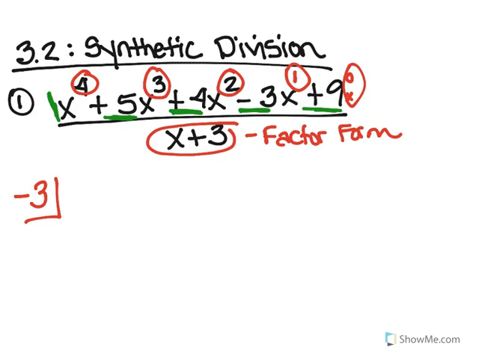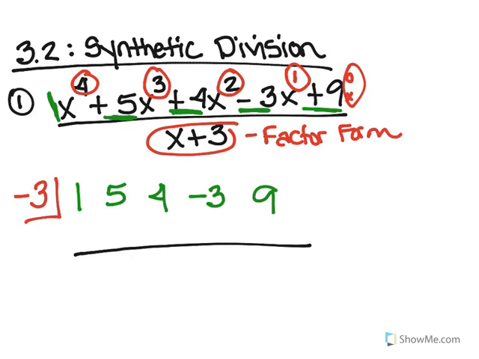Those are my coefficients. I'm going to write those out beside my negative 3 that's considered to be in the house. And you do take the signs with it. Now, I'm going to leave some room because I'm going to write some numbers above that black line.